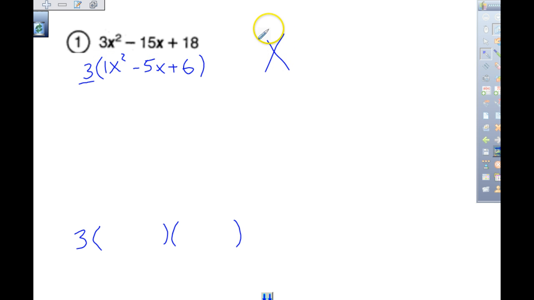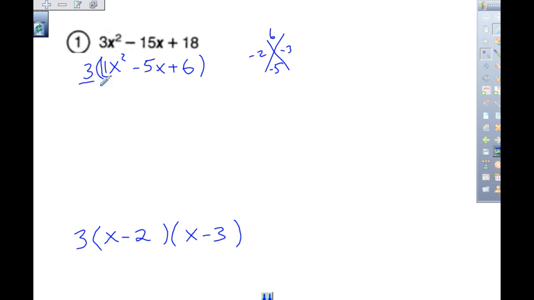What multiplies to 6 adds to -5? -2 and -3. And you see there's no number here. So in this case, you don't have to use the box. We only have to use the box if this is something other than 1. So we can go straight to the answer of x minus 2, x minus 3.